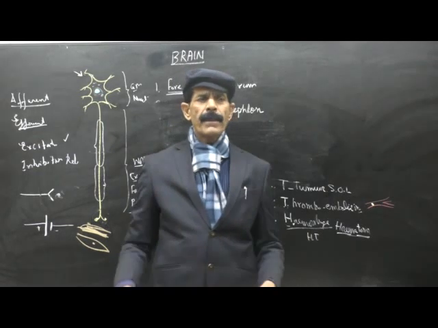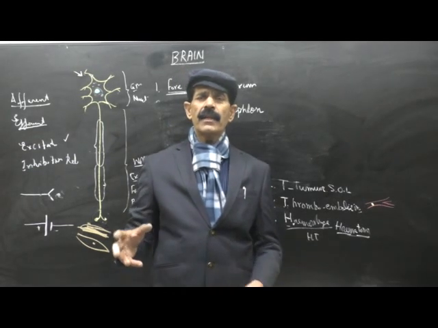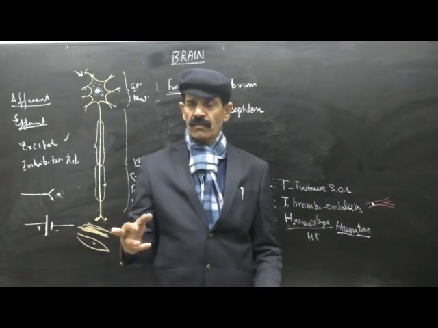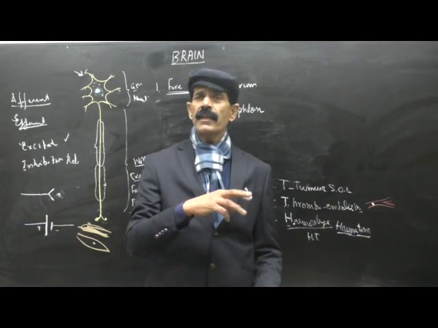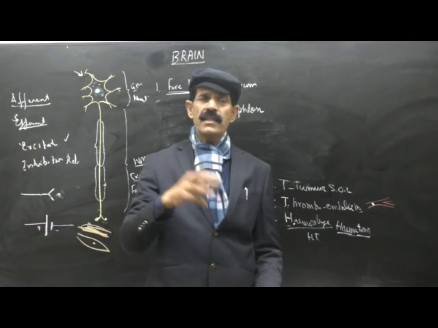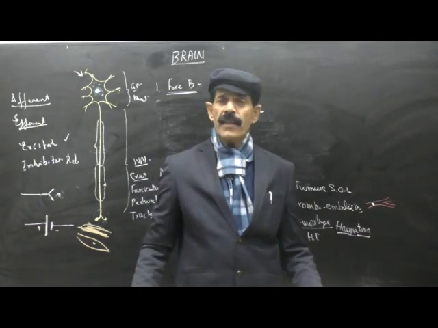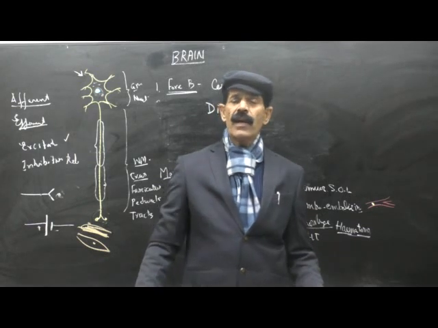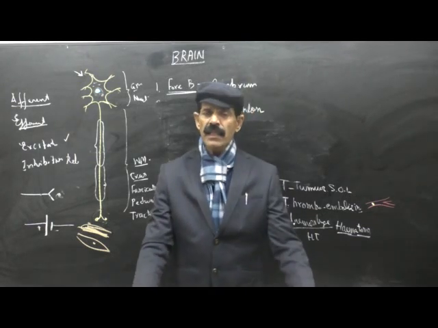In some parts of the brain, grey matter is inside and white matter is outside, or vice versa. In the cerebrum, the grey matter is outside as well as inside, but the white matter is inside.